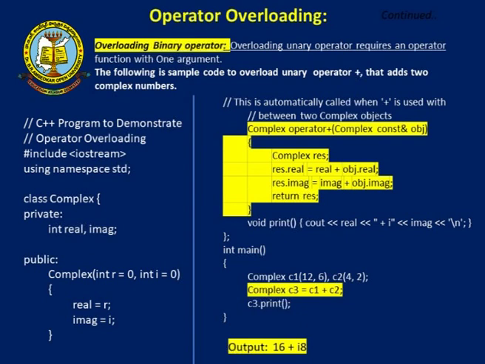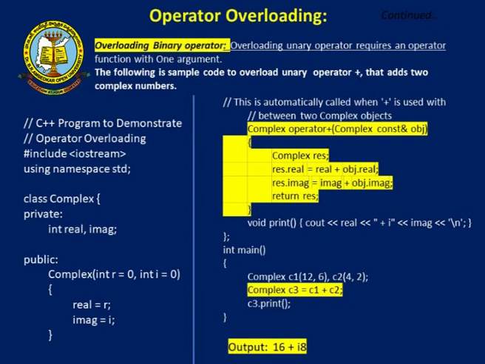Next, it also takes one argument. That argument is again a complex type object reference. That means the plus is an operator that can be applied on two complex type objects.